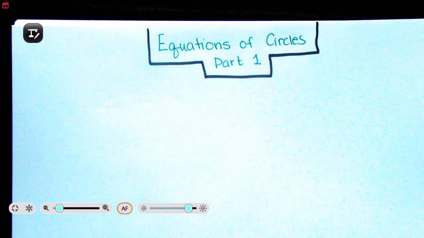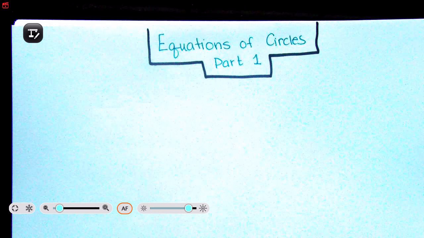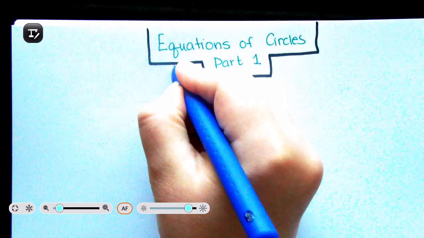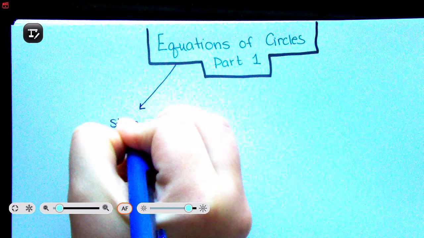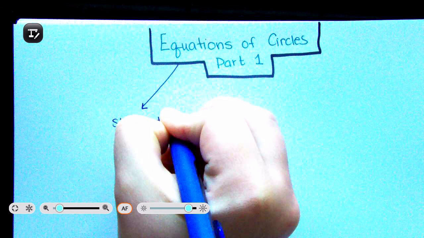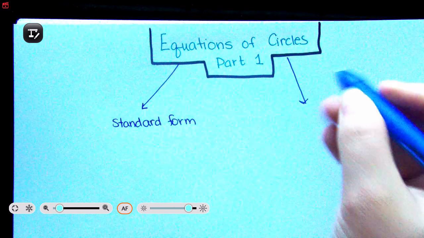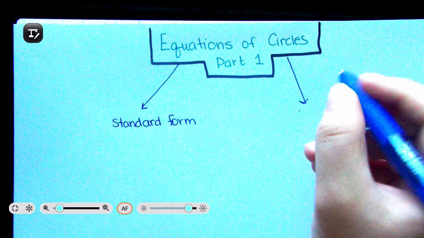And let's get started. So for equations of circles, there are two equations that you need to be familiar with. So there is a standard form and there is a general form.